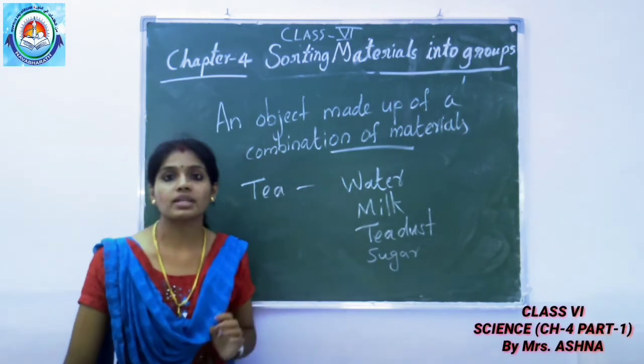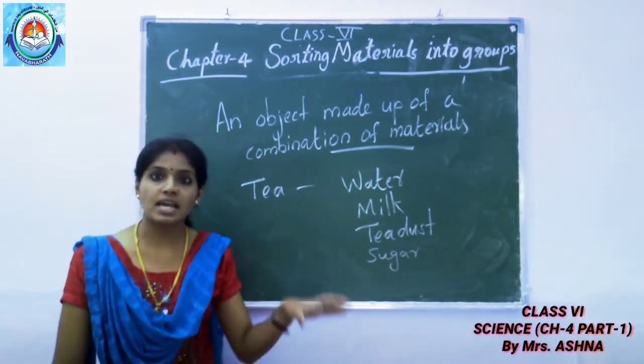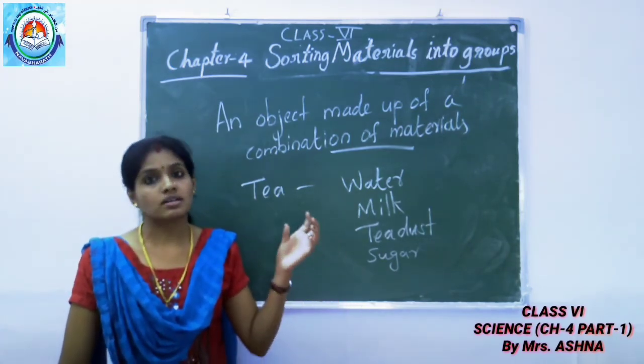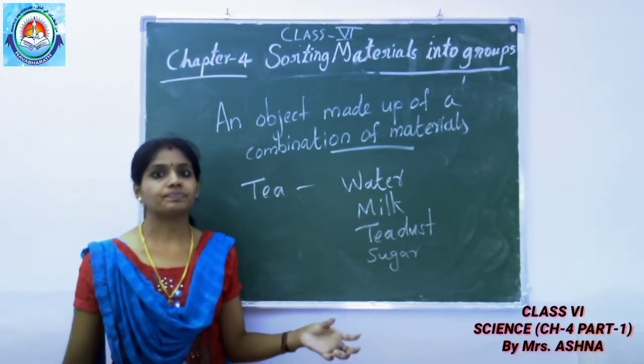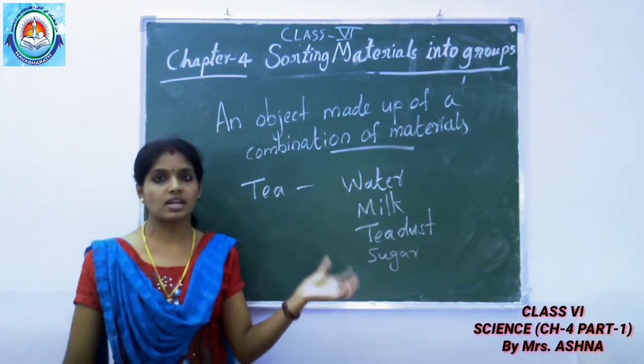Okay. So we conclude that an object made of different materials. For example, chair. Chair is an object. We can make chair by using plastic or wood. Okay. Next one.